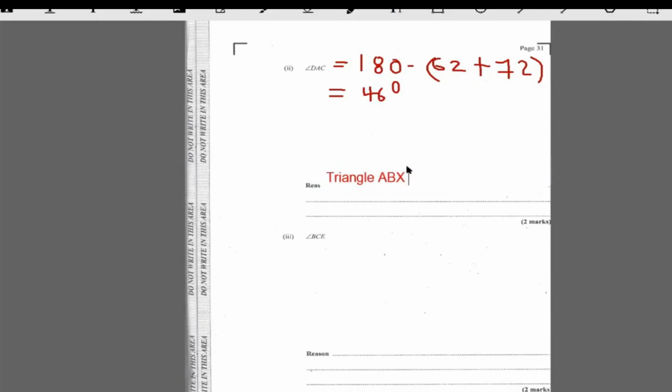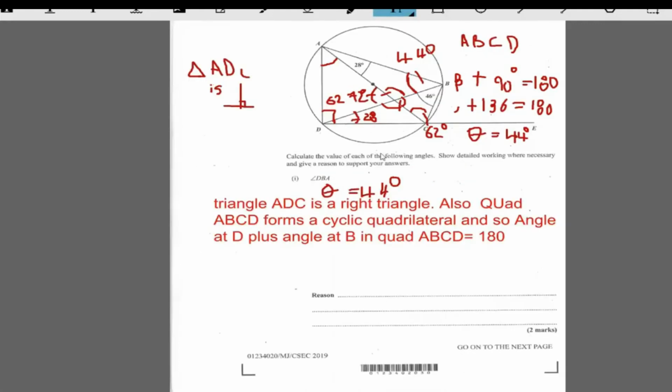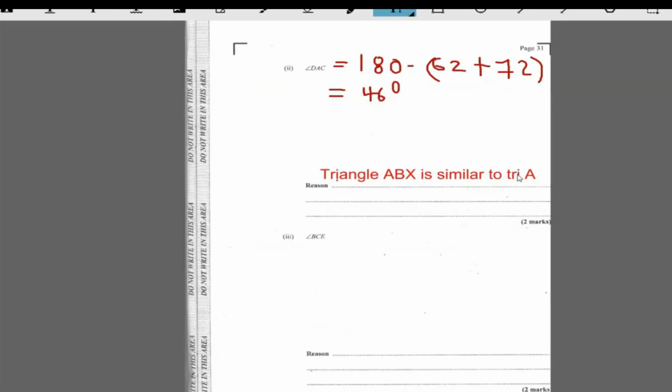So triangle ABX is similar to triangle XDC.